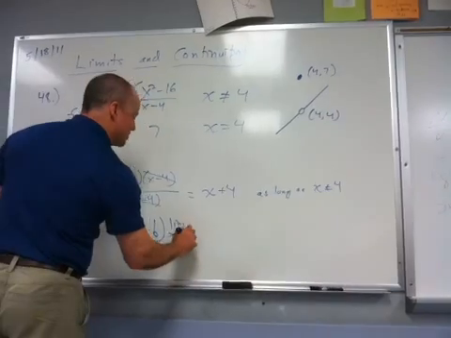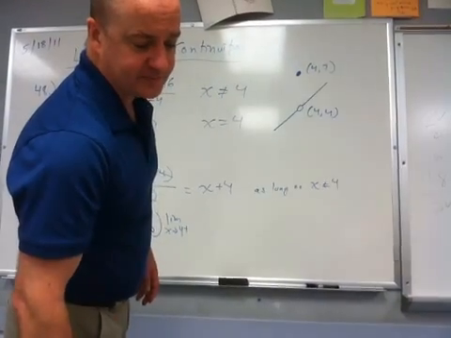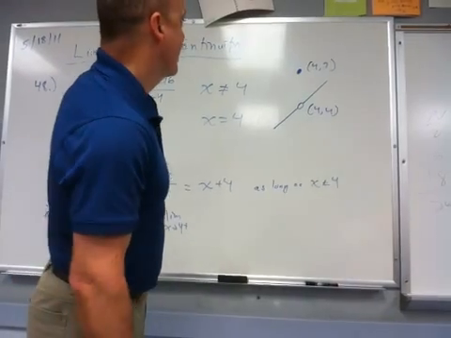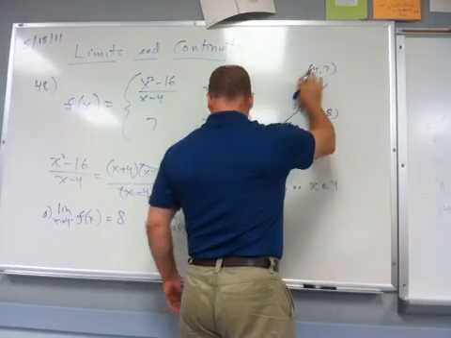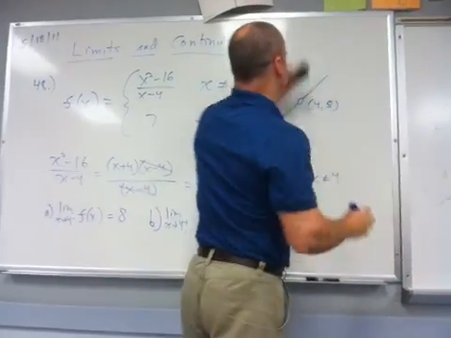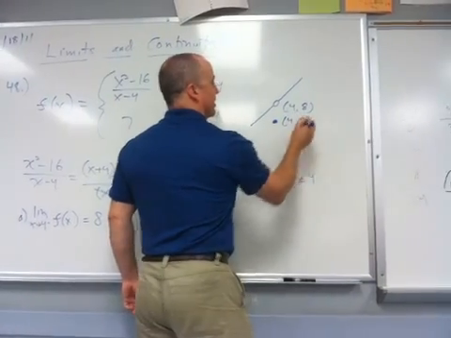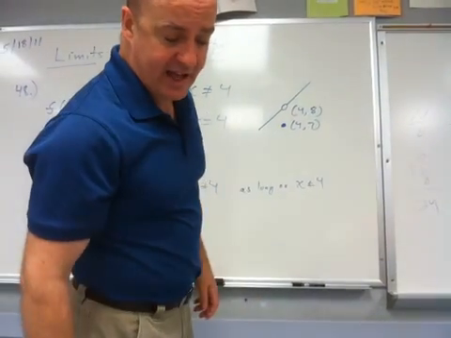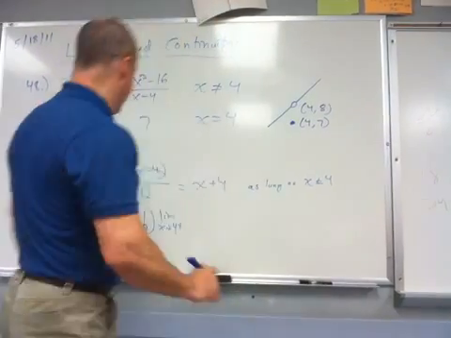And now the next question is, what happens as you approach 4 from the right? Wait, isn't it 4, 8? The y-intercept is 4. Thank you, Ramsey. I just made the same mistake. Okay, so 4, 7, it's actually down here.